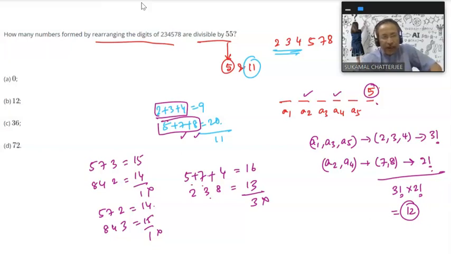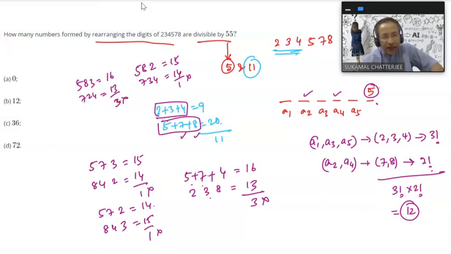You can also try the other combinations: 5, 8, 2, which is 15, and 7, 3, 4, which is 14. Once again, not divisible by 11. You can also try 5, 8, 3 and 7, 2, 4. 5, 8, 3 gives you 16 and 7, 2, 4 gives you 13.